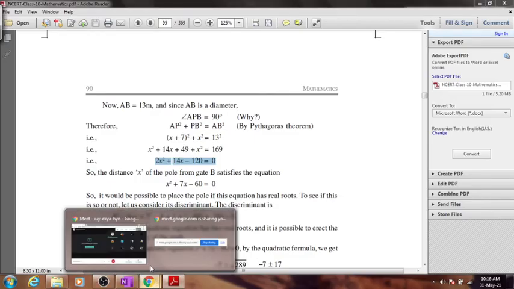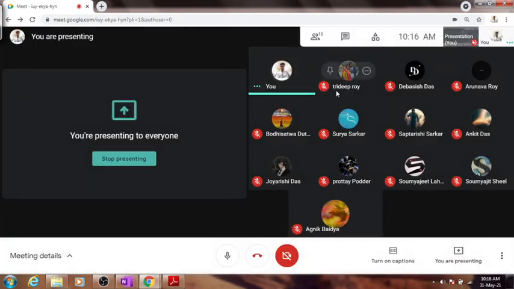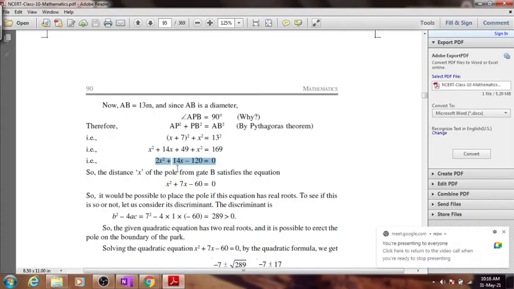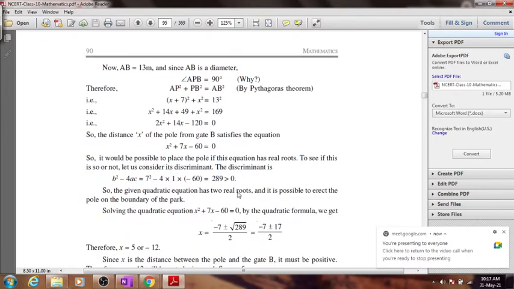Clear? After this you go on to find the discriminant b square minus 4ac. If this is greater than 0, then we will say that the gate can be erected out there. Clear? Or it's possible.